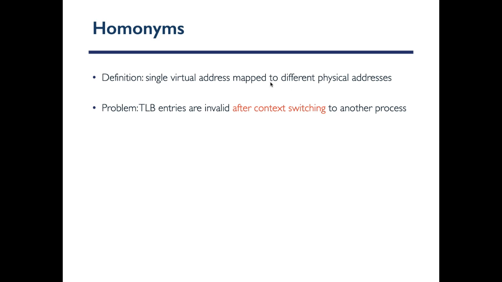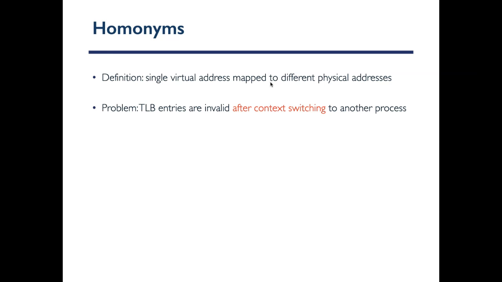So what's the problem with this? The problem is that this could confuse the TLB. What you have in the TLB is a virtual page number to physical page number translation. When you context switch, you may now use the same virtual addresses, but for a different process, so they might have different physical addresses.